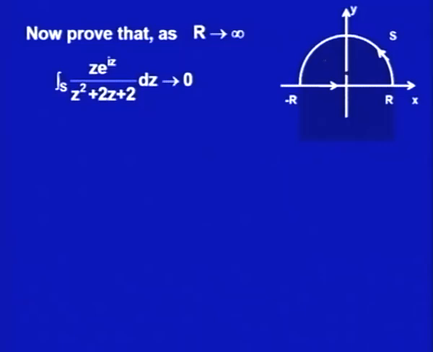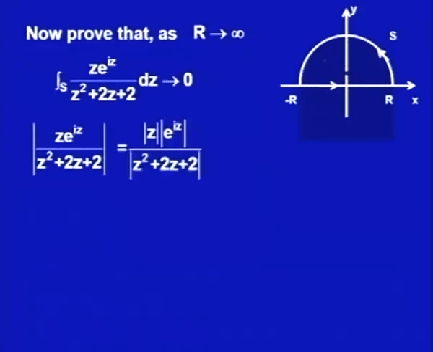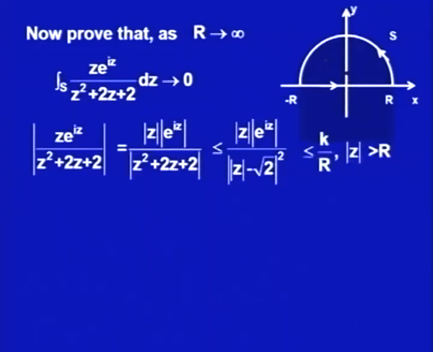See, if I take this function z e^(iz) / (z² + 2z + 2), we could write its absolute value as mod z times mod of e^(iz) upon mod of z² + 2z + 2. The lower one, z² + 2z + 2, we could write as (z + 1 + i)(z + 1 - i), and from there we could get it here.